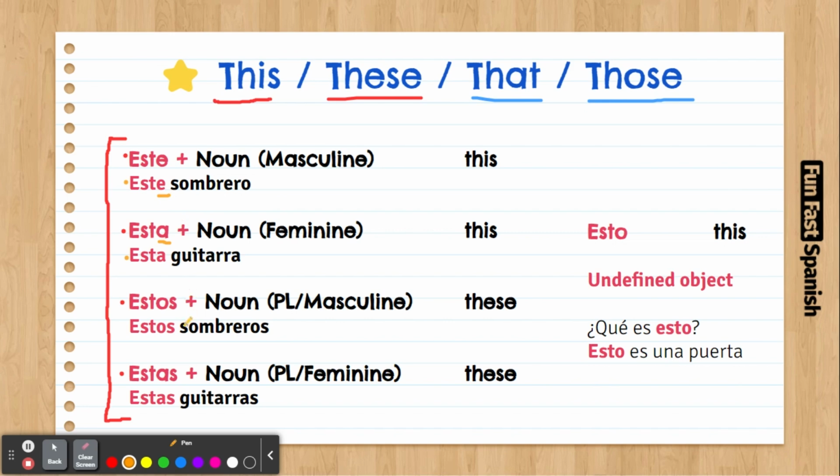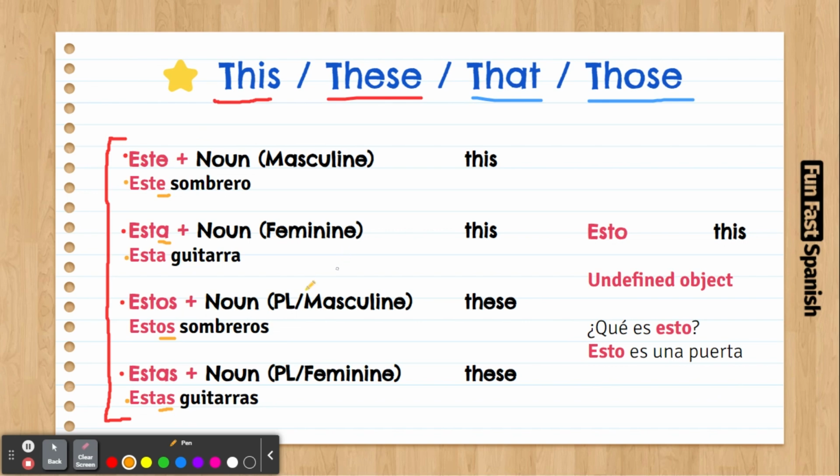These hats. Estos sombreros, masculine plural. And now estas guitarras, which is feminine and plural. That's how we use this and these.